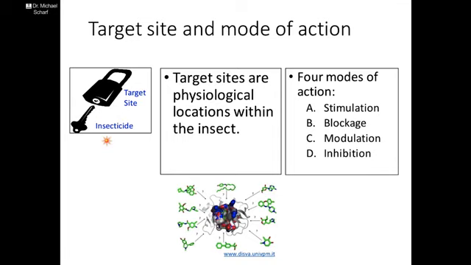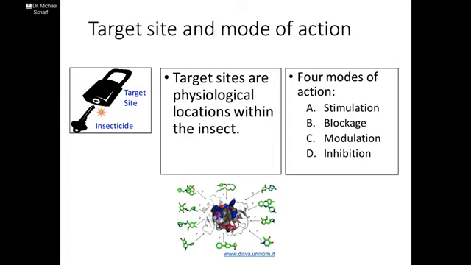A key has to be very specific to fit into the lock that it goes into, right? It has to be made by a locksmith, and the wrong key won't open the right lock, for example. So, when the insecticide goes into the target site, it meets up with it at a molecular level, and the key fits in the lock, and if it opens the lock, that's when we can get toxicity. So that's just a very general kind of analogy.